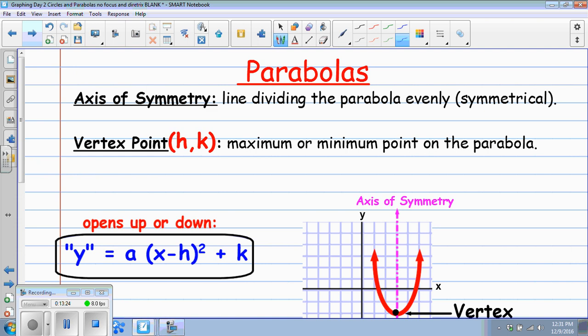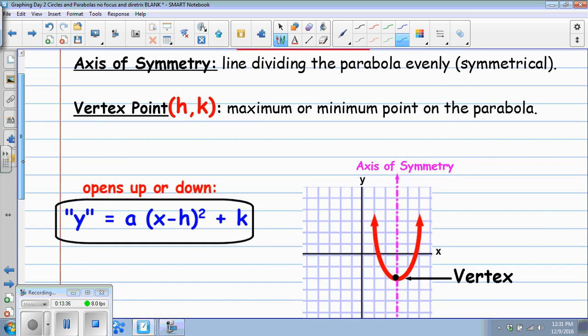Your vertex is either a maximum point or a minimum point. It's either the highest or the lowest, depending on how that parabola is opening. If it's opening up, then this is your minimum point, the lowest point. If it's opening down, then that vertex is a maximum point.